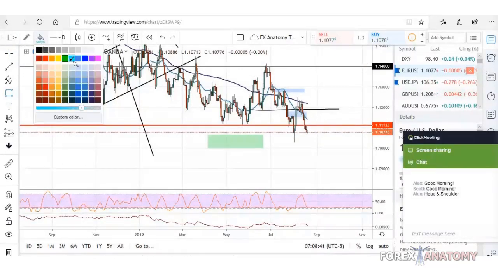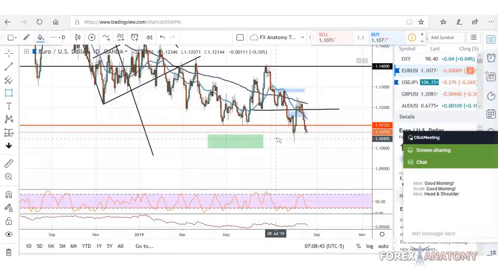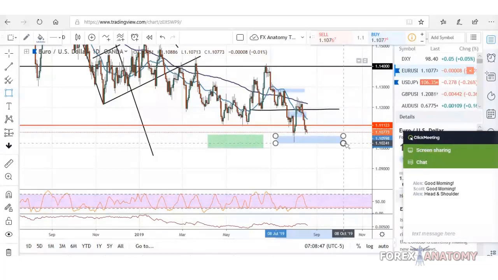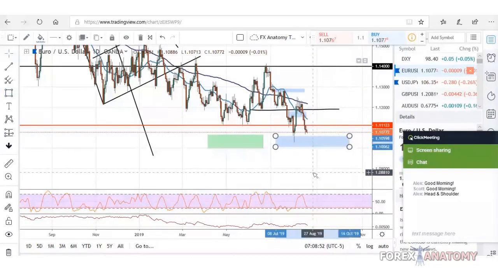Price is flirting with this zone of structure support right around here. This was where our last low was, and I believe this is the yearly low for 2019.